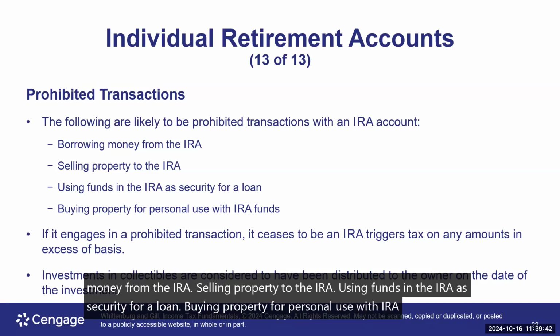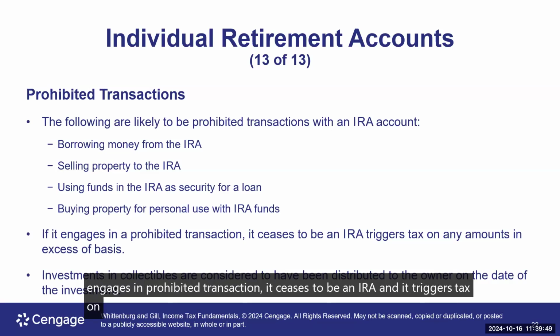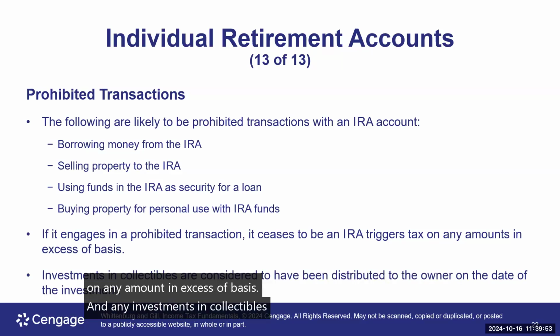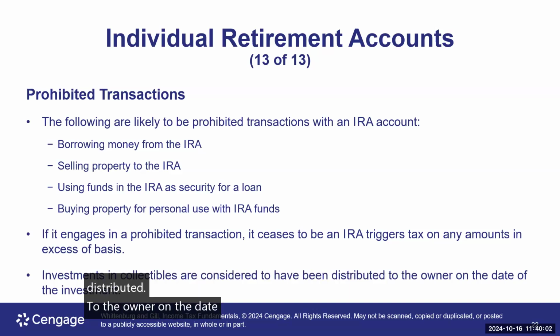If an IRA engages in a prohibited transaction, it ceases to be an IRA and it triggers tax on any amounts in excess of basis, and any investments in collectibles are considered to have been distributed to the owner on the date of the investment.